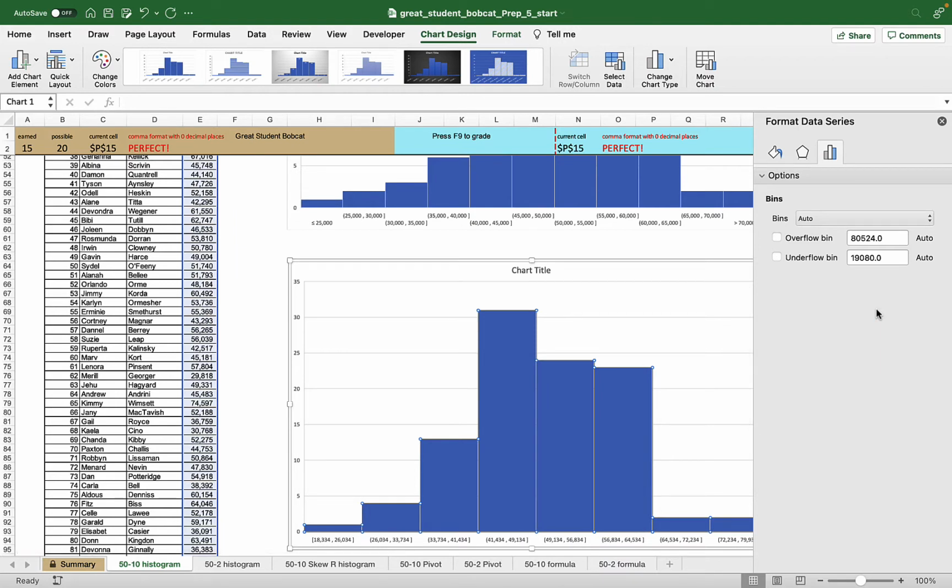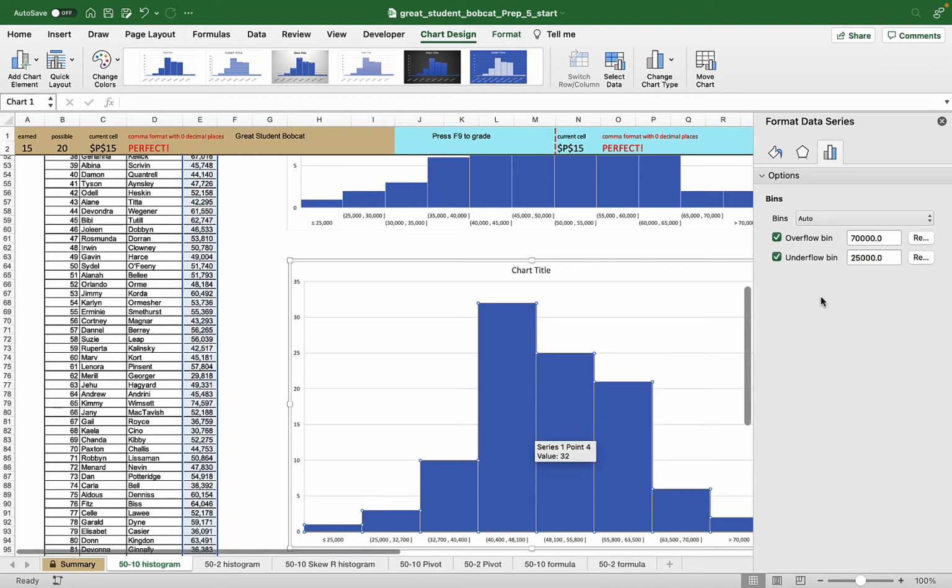Okay, so now we fill in the overflow and underflow. So remember the overflow was 70,000 and the underflow was 25,000. All right, so that's good. It's looking a little closer, but we still don't have enough bins.